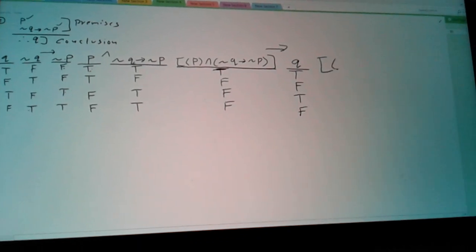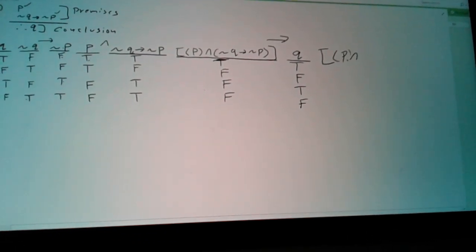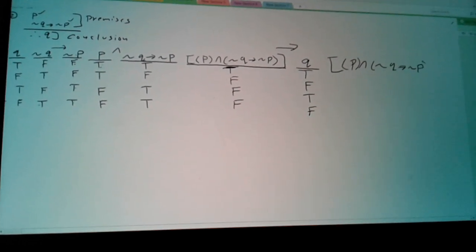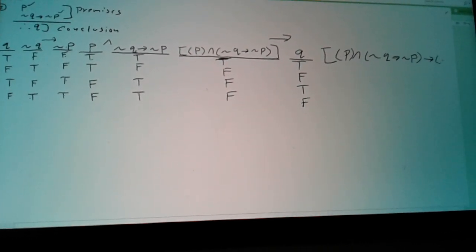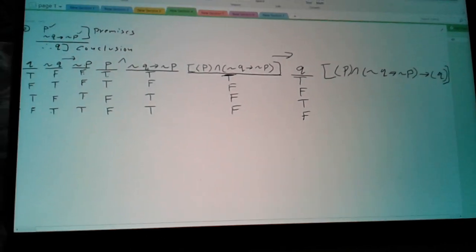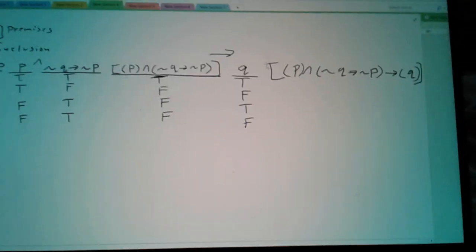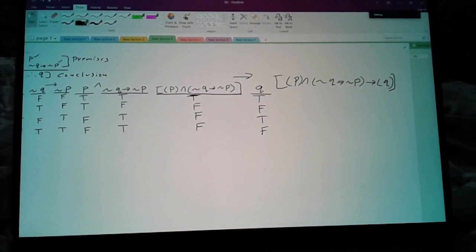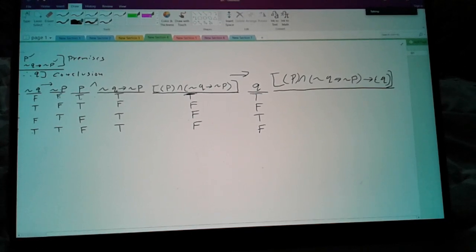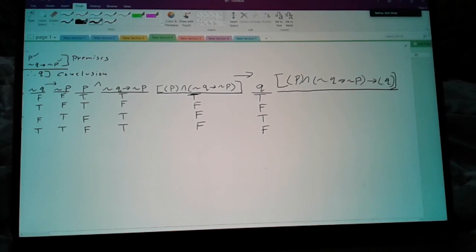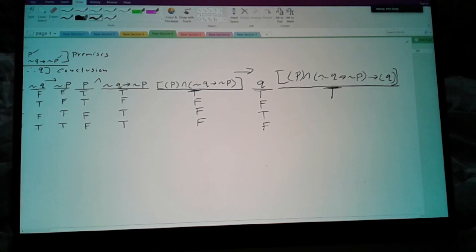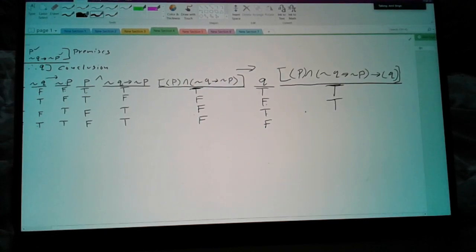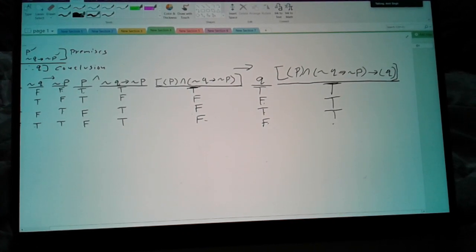So basically all this stuff here, P and not Q implies not P. Implicate that with the conclusion, which is Q. Okay, so it's easy. So true implies true is true. False implies false, you know, is true. False implies true is true. False implies false is true.